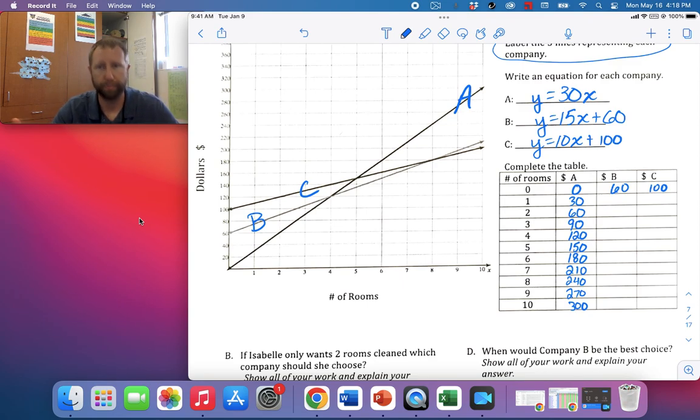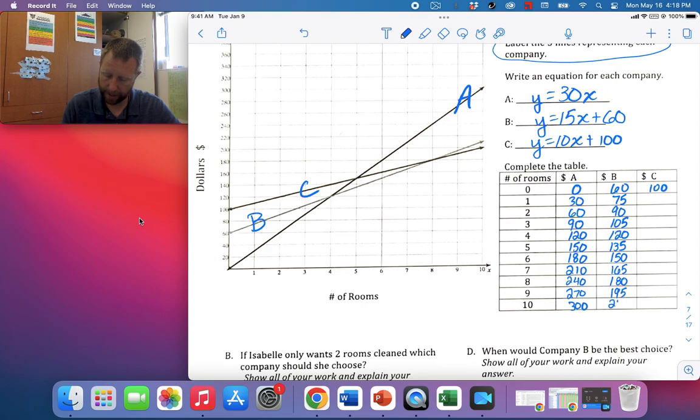All right. For company B, they're just increasing by 15 each time. Okay? So counting on from 60, from that y-intercept, 60 plus 15 is 75. Then 90. Then 105. All I'm doing is adding 15 each time. 105 plus 15, 120. 135. 150. 165. 180. 195.